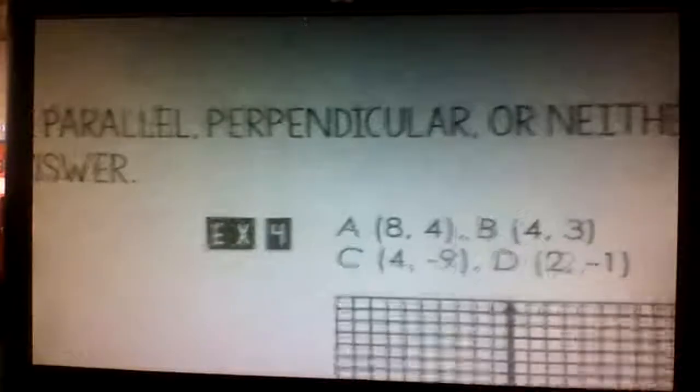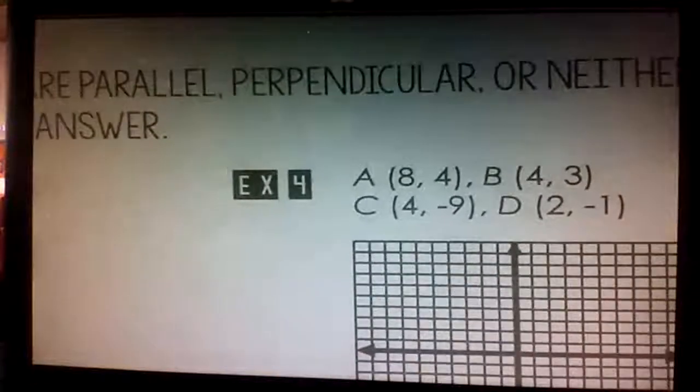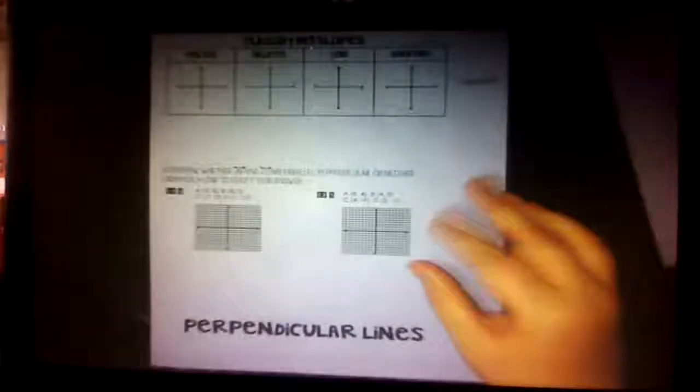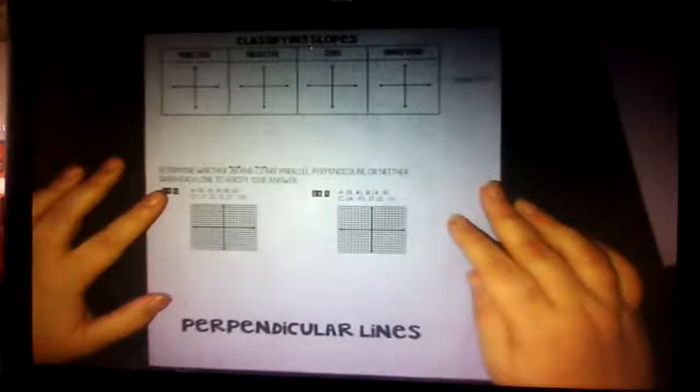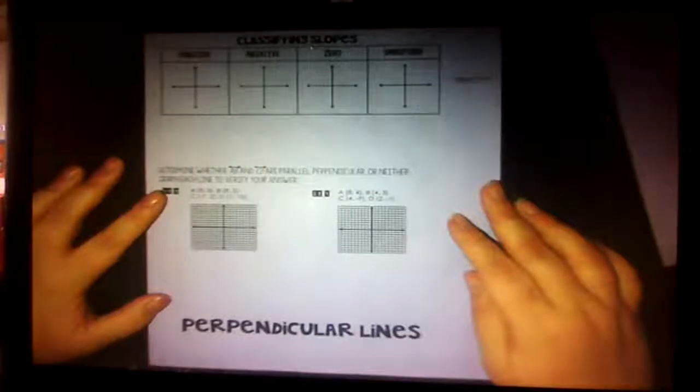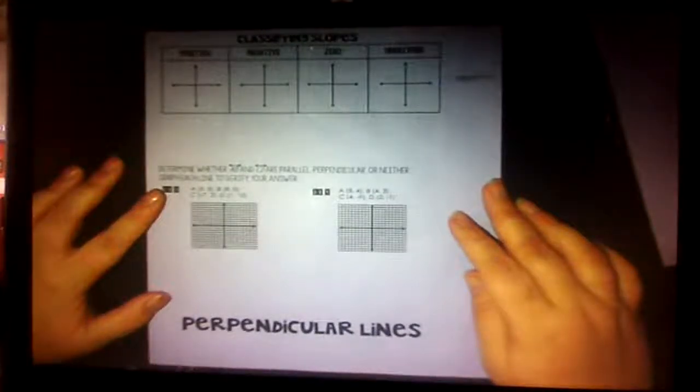I need you to find this page. Are we going to be cutting these out? Yeah, you can.